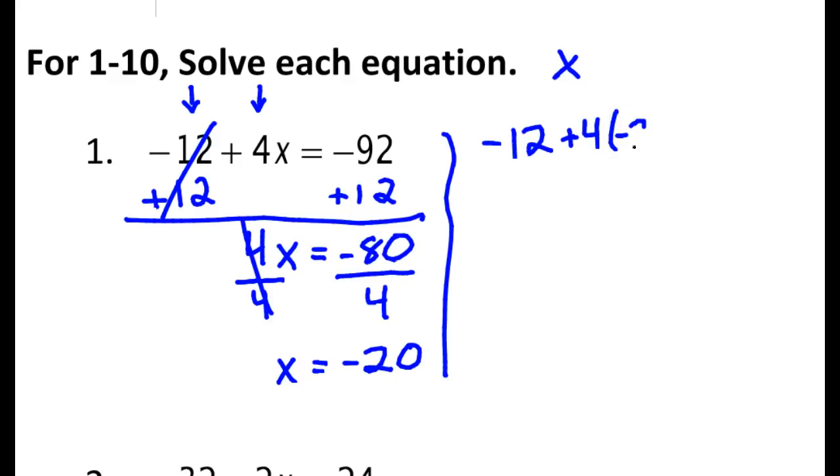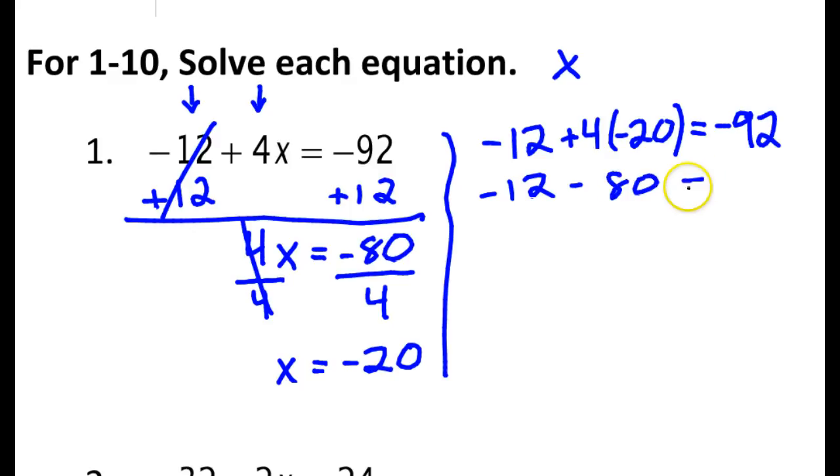So theoretically, for all of these on your quiz, you should check and know if they're right or wrong before you turn in your quiz, because you have already gone through these steps and seen that they work or they don't work. Remember, when you plug it in, we're really asking, is this equal or not?